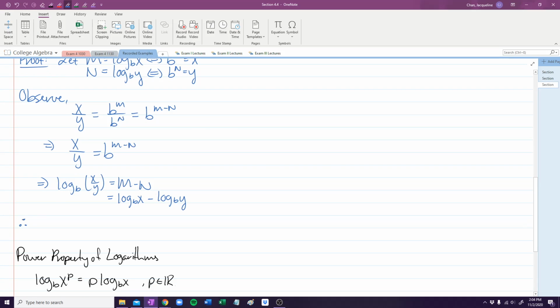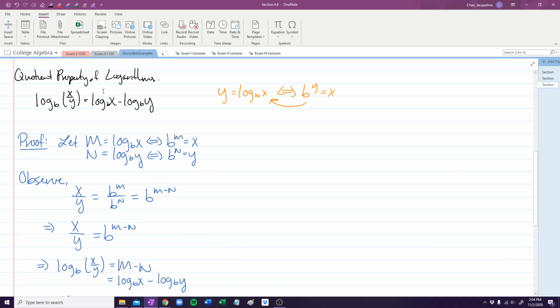Therefore, that's what these three dots mean, log base b of x over y is equal to log base b of x minus log base b of y. And that's how you derive the quotient property of logarithms.